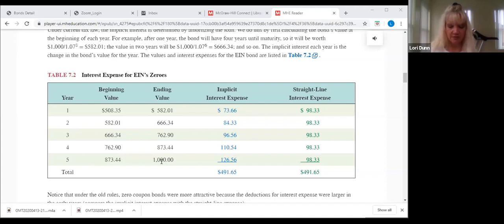So you go into your finance calculator. This is a 5-year bond, so N would be 5. We need to calculate the interest. The present value is what it sold for, so I'm going to put that in as a negative 508.35. The future value is the maturity of 1,000, which I'm going to put in as positive.